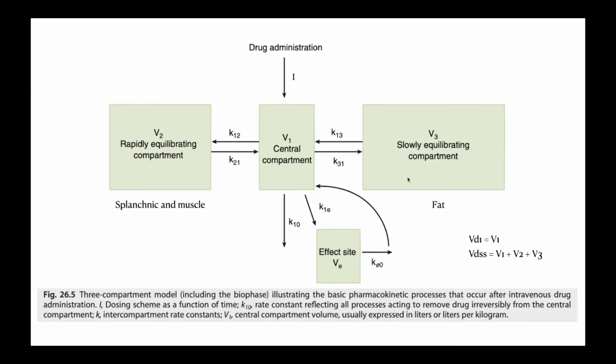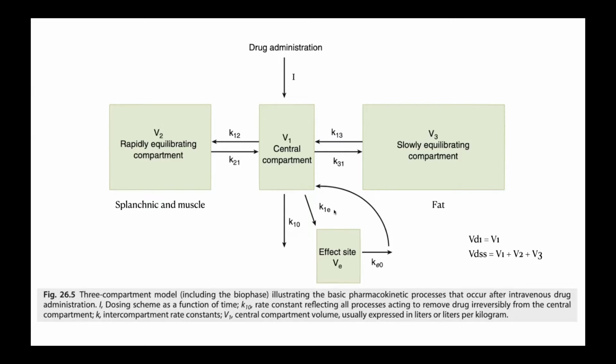So the Marsh, the Schneider, the Pediatric, and even in other models for other drugs, what you notice is that you'll have numbers for all of these except for K1E. Even though K1E represents the movement of drug from the central to the effect site, it is not represented in any of the models that we're going to describe.